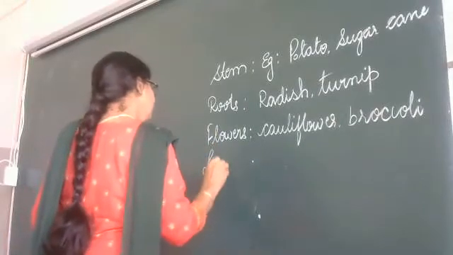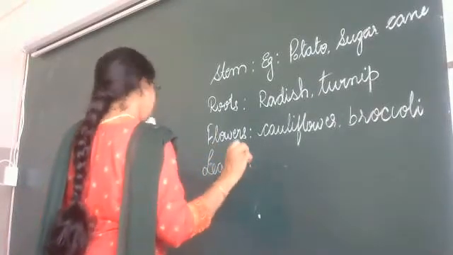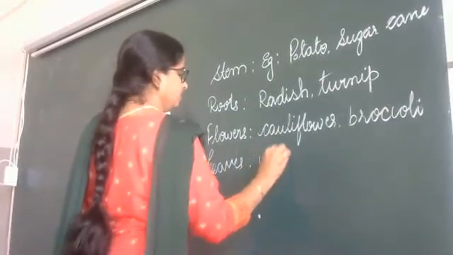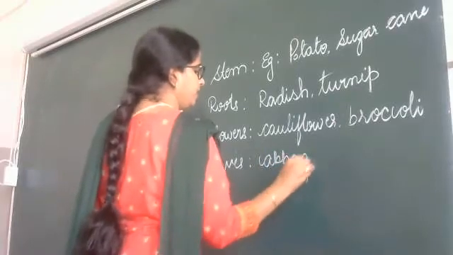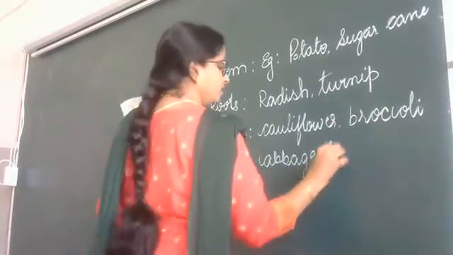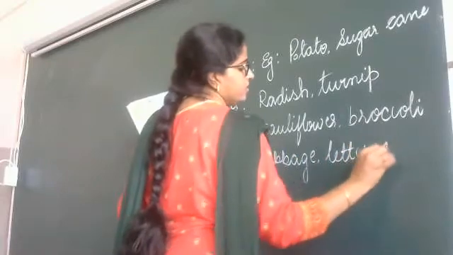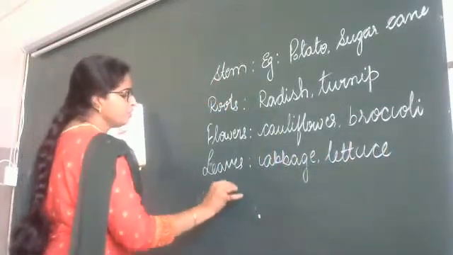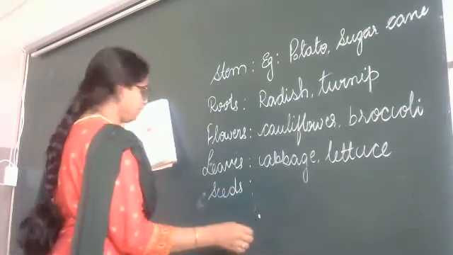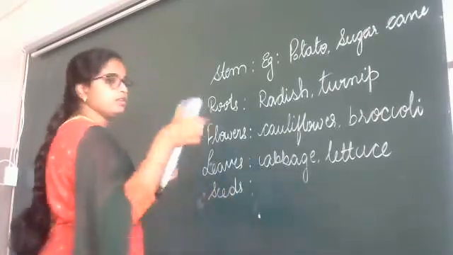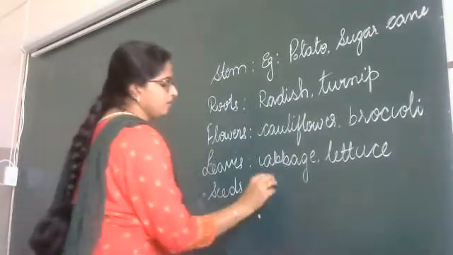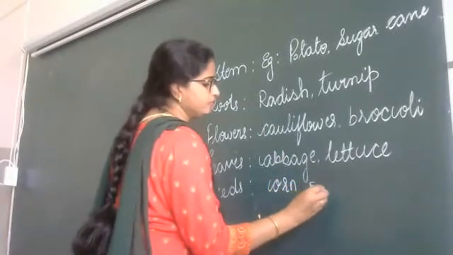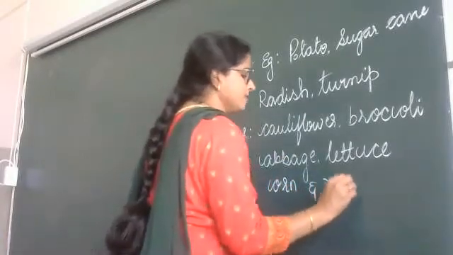We also eat leaves of the plants. Cabbage and lettuce. Also spinach. We also eat seeds of the plant. Corn and peanut.